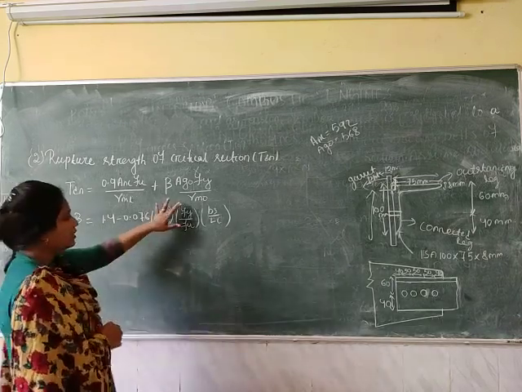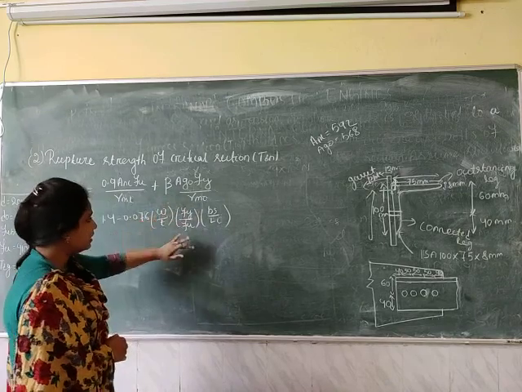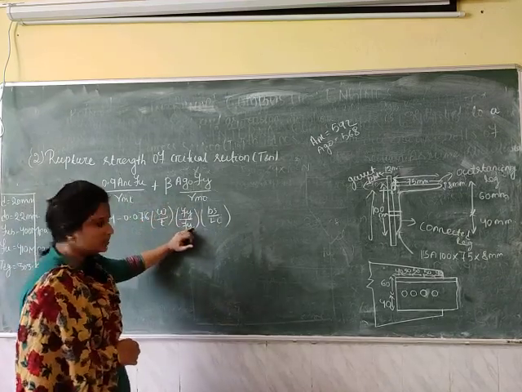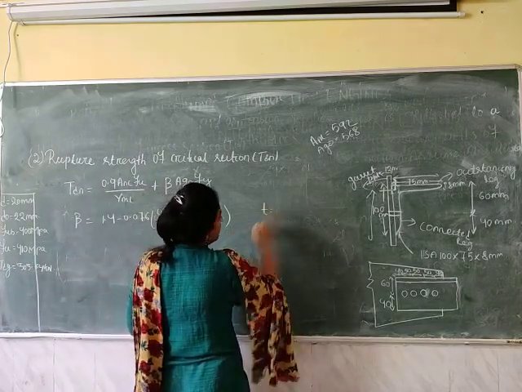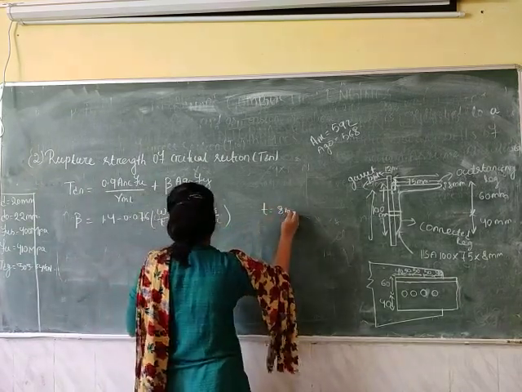So here fy is 250 megapascal, fu is 410 megapascal, and t is the thickness of the angle section, that is 8 mm.